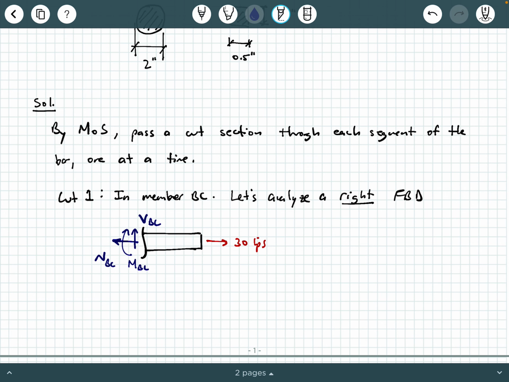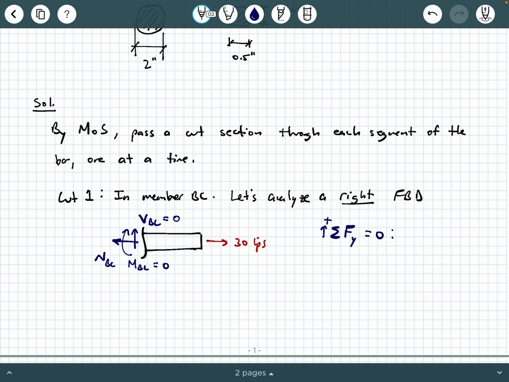So should we draw VBC and MBC here? Well, we can. And for the sake of completeness, sure, why not? But because this is axially loaded and you have nothing applied in the vertical direction or in the transverse direction, we know that the shear is 0 and the moment is 0. Now, if you want to prove that to yourself, you can say sum of the forces in the y direction equals 0.